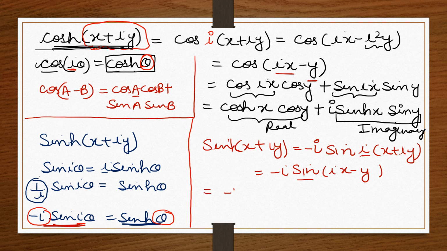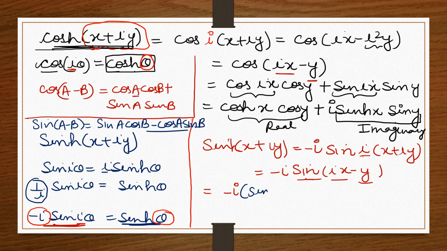Now this is equal to minus iota, and apply sine A minus B. What is the formula for sine A minus B? I'm going to write the formula here. Sine A minus B is sine A cos B minus cos A sine B, right? Apply this formula. What will you get?